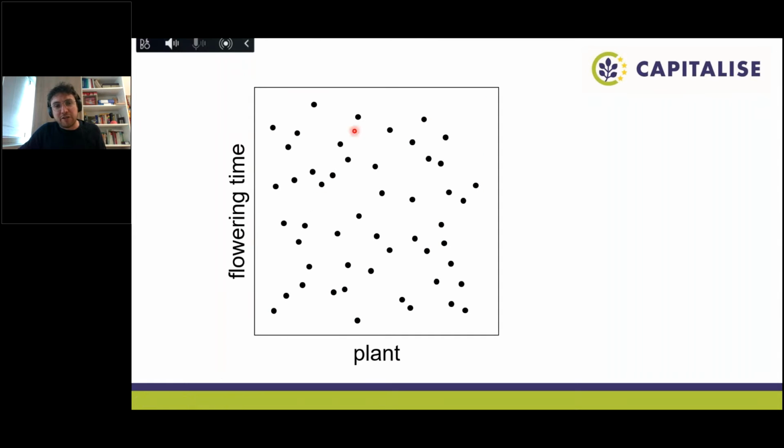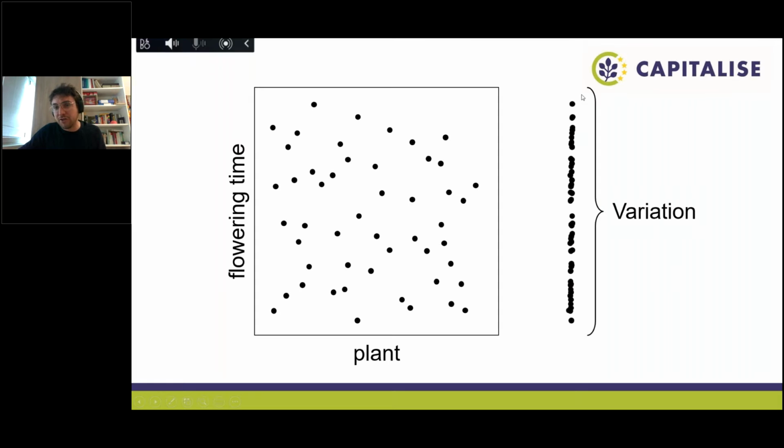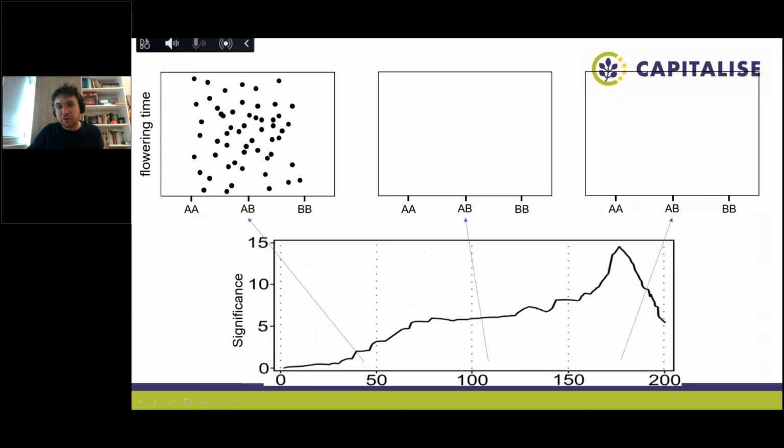Then we can have a phenotype, let's say flowering time, or NPQ, or anything that comes to your mind. And in your collection of plants, you have a certain range of variation, which is represented by your phenotype, right? So you have some plants which have very low phenotype, and some plants which have very high phenotype. And so these are the 2 sources of information that you need for QTL mapping.